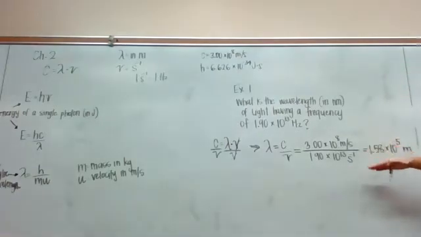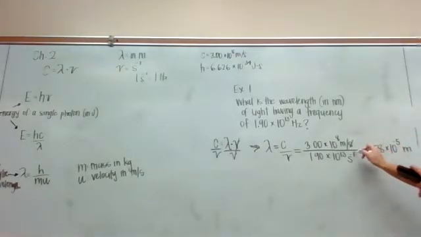All right, so when I plugged in my numbers, I got 1.58 times 10 to the negative fifth. If I look at units, this second cancels this inverse second, so I'm just left with meter, which is good. That's a wavelength.